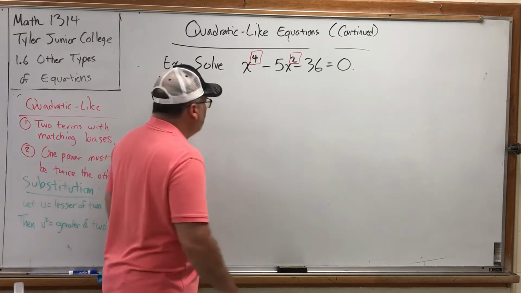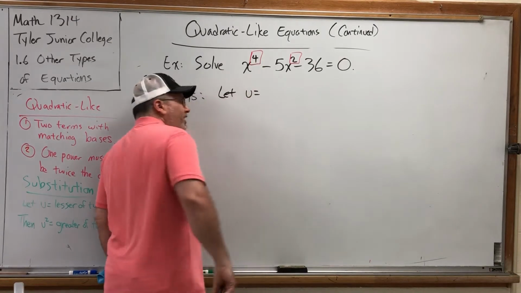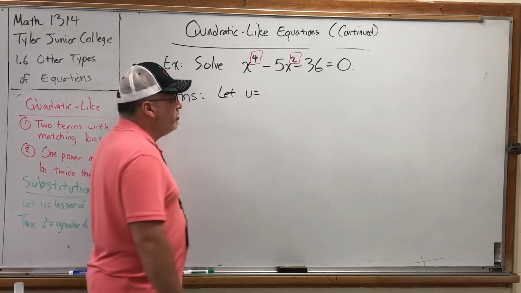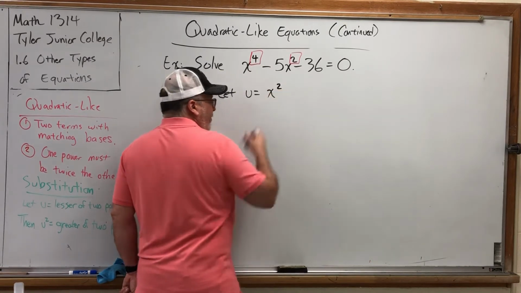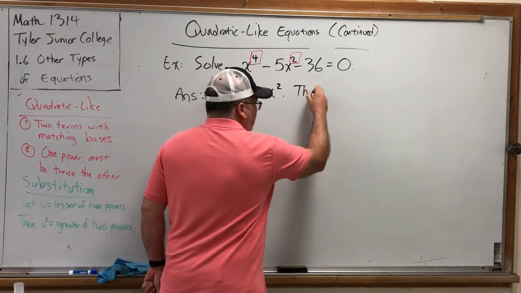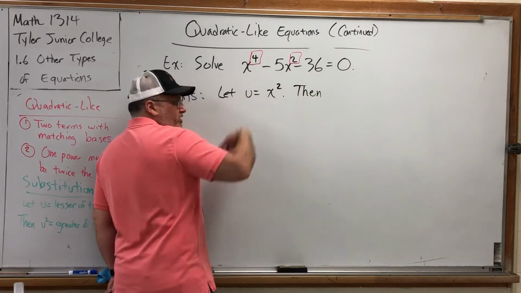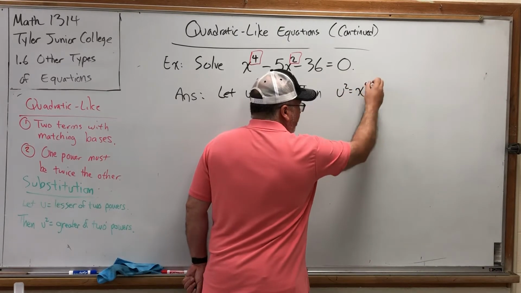Well, it is quadratic-like as we've already established, so we're going to let u be the lesser of the two powers. The lesser power is 2, and it is a power on an x. As a consequence of that decision, if we squared both sides of this substitution, we would get u squared equals x to the fourth.